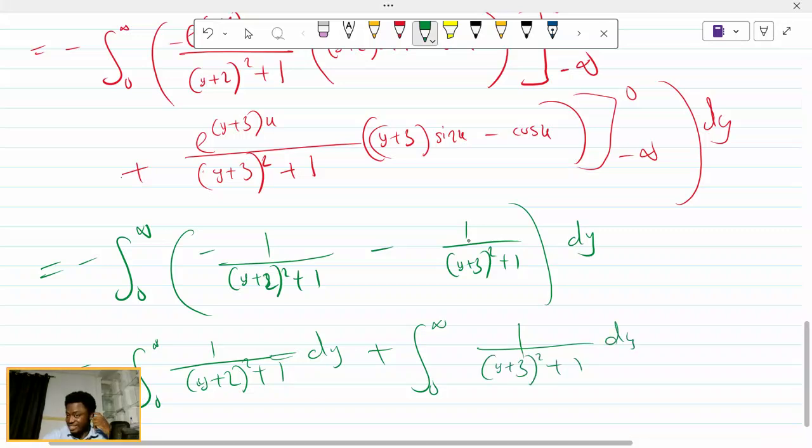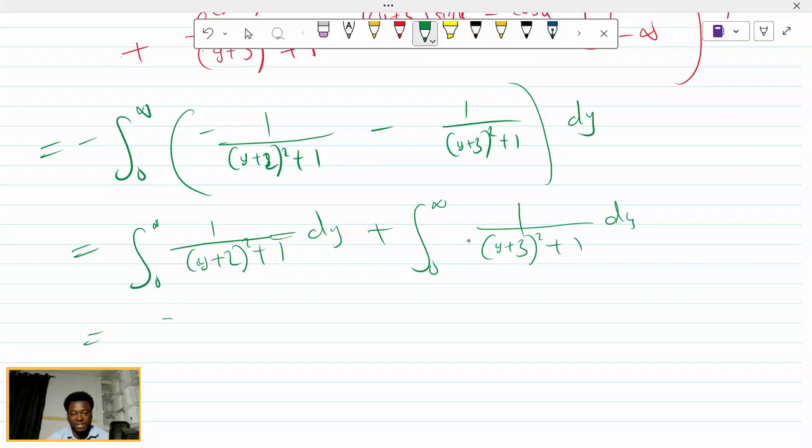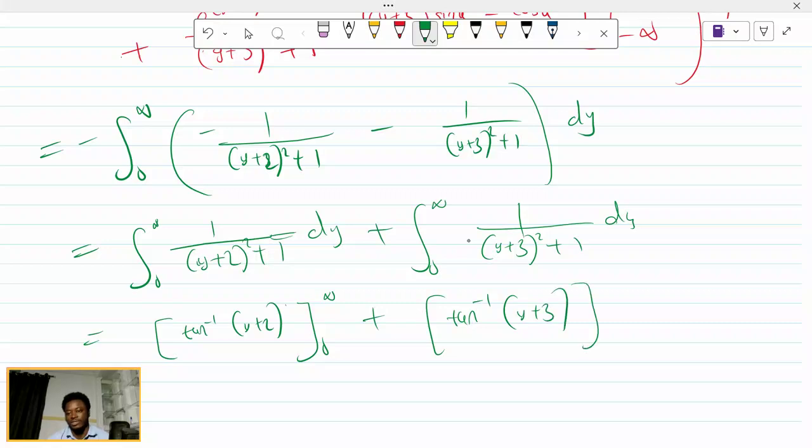So this is not too hard to work out. If you evaluate this integral, this is very elementary, you have the tan inverse of y plus 2 from 0 to infinity, and the tan inverse of y plus 3 from 0 to infinity.